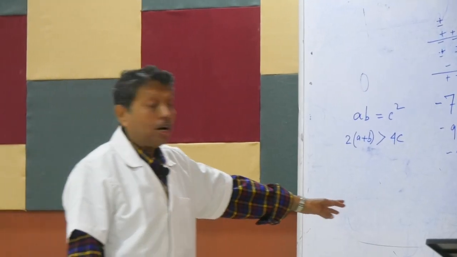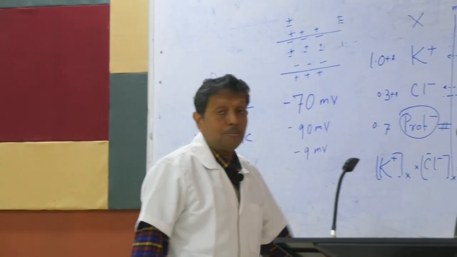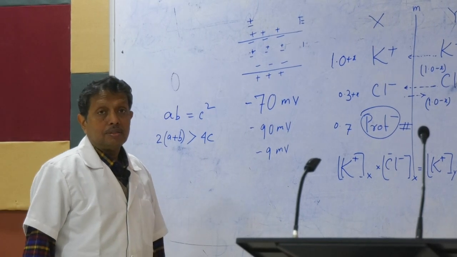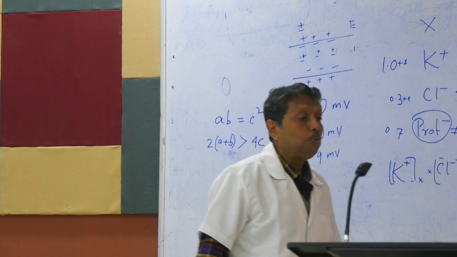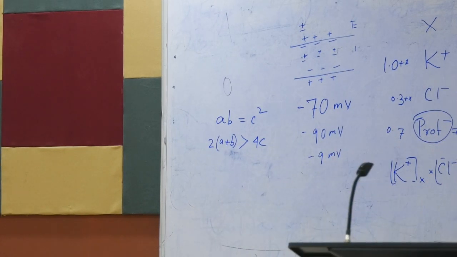Now we have to consider the Nernst equation. What should be the membrane potential? Magnitude of the membrane potential. And when you go through your book, you will find this type of formula.